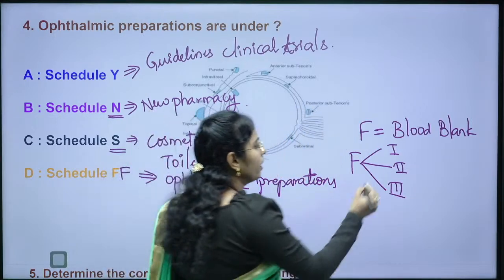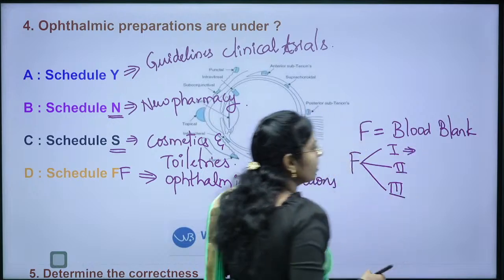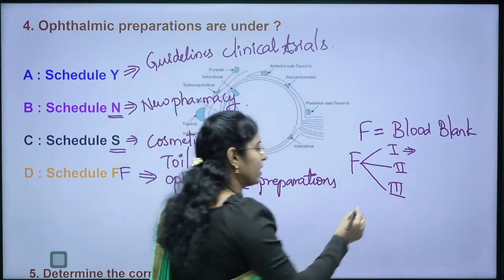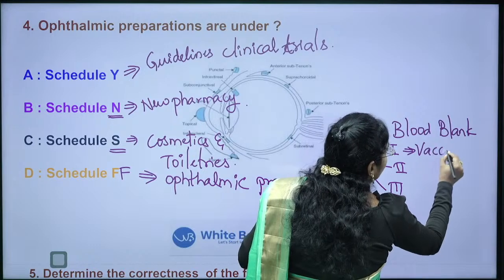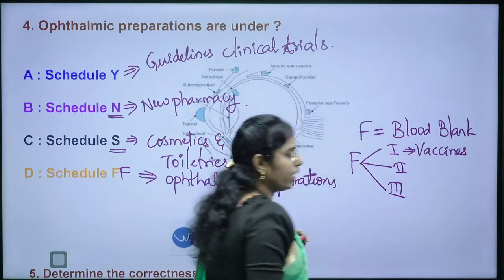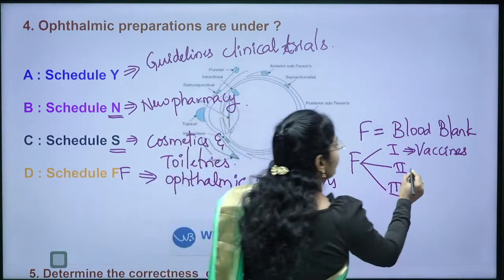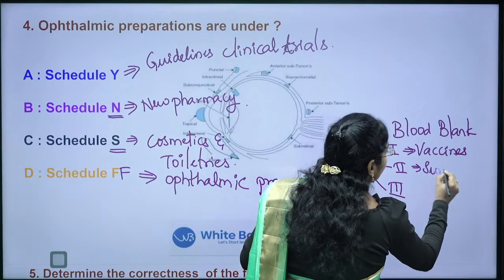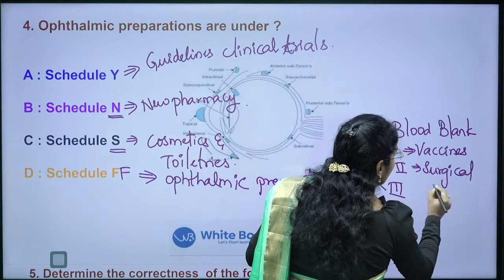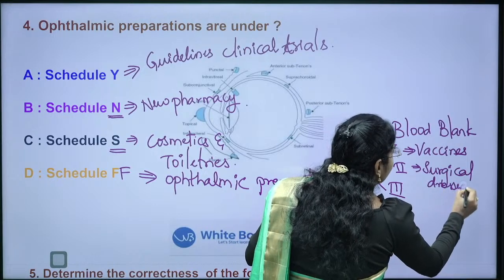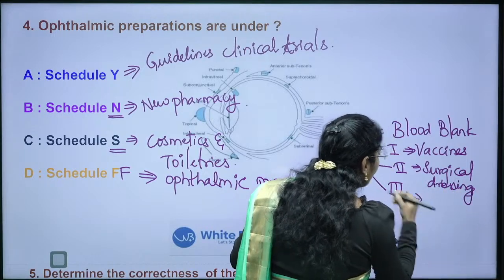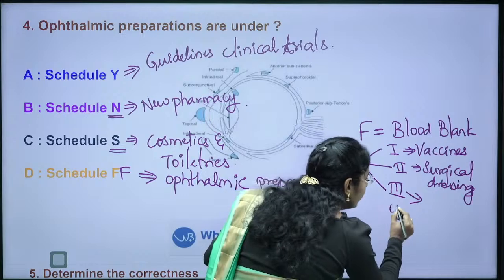F1 includes the standards for vaccines, F2 includes the standards for surgical dressings, and F3 includes the standards for umbilical tapes.